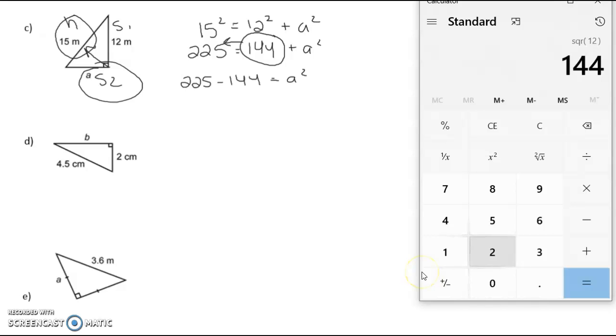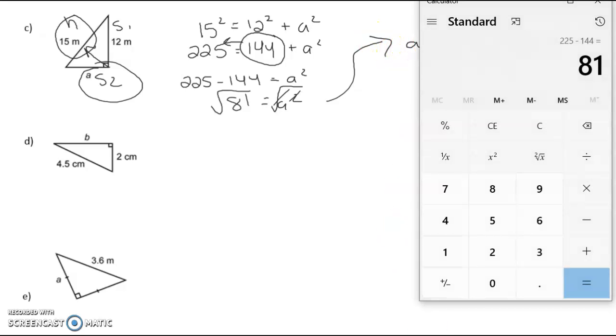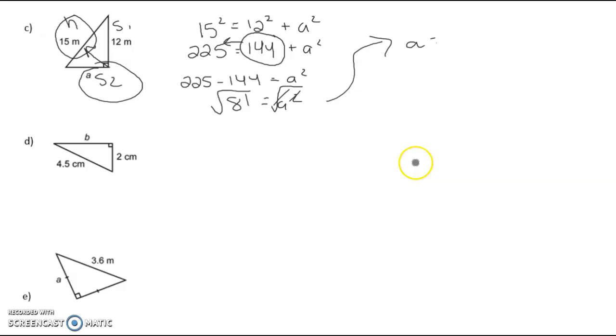So 225 minus 144 gives us 81. So 81 equals a squared. And now we need to solve for a, so you have to take the square root, and you have to do it on both sides. So a equals the square root of 81, which is 9. So a equals 9, and we're dealing with meters.